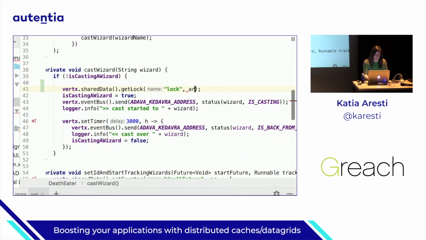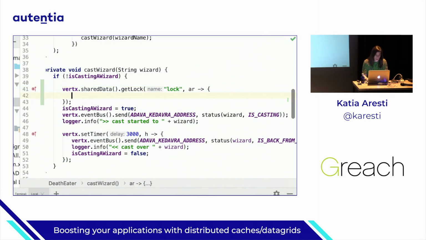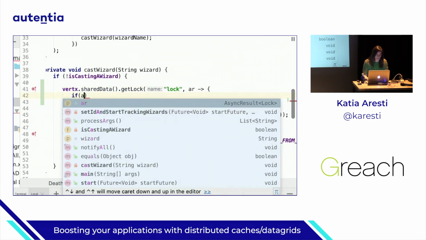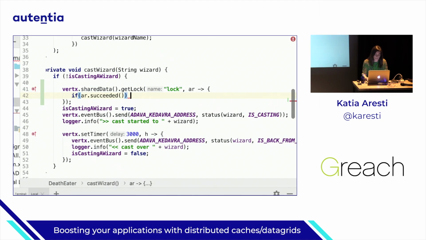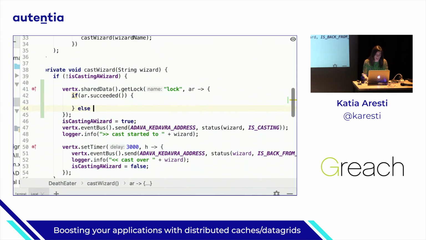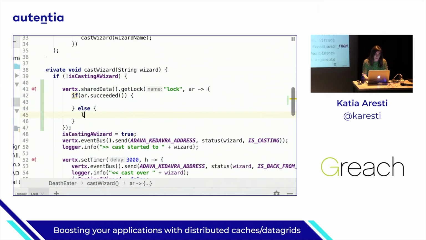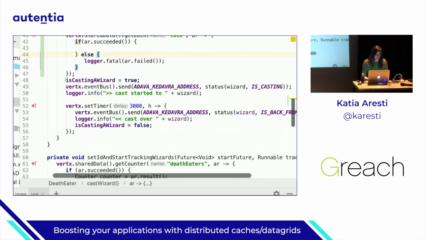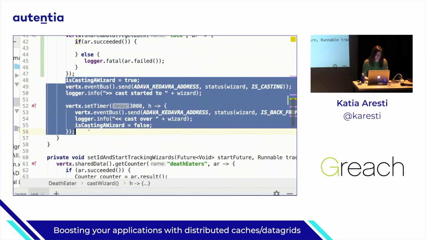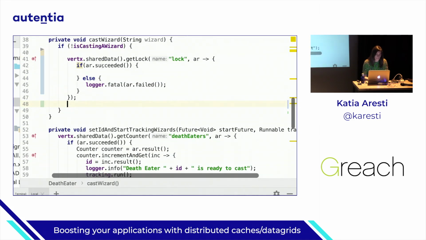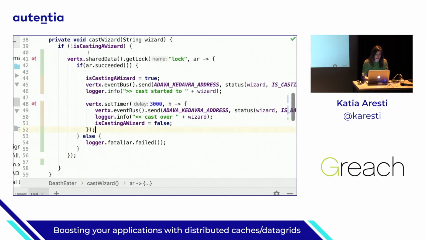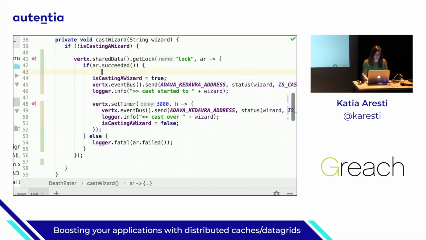And here I have the asynchronous result. If the asynchronous result succeeds, I do something; otherwise, I log that the asynchronous result failed. So I'm going to pick up all this code and put it here. If I succeed, it means I acquired a lock.